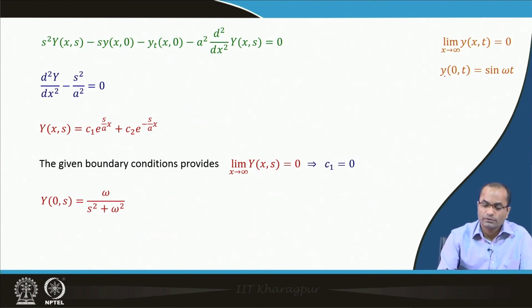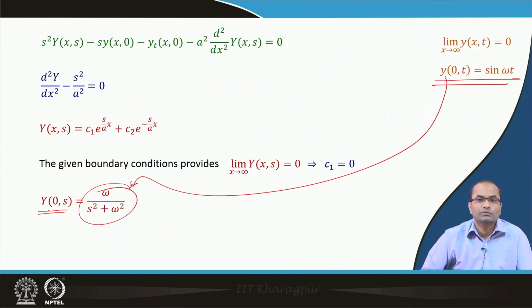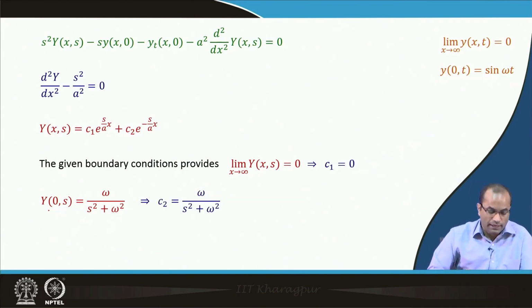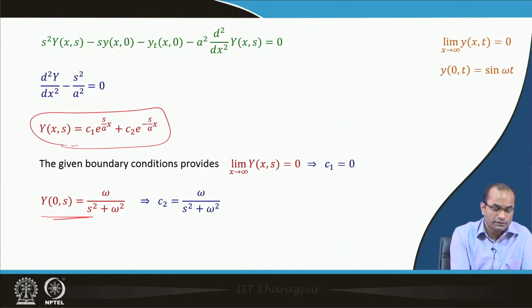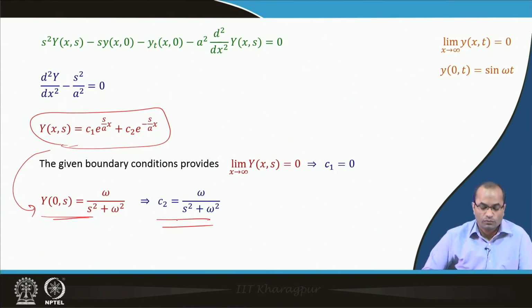The second one comes from the second condition. When taking the Laplace transform, we have y 0 s as omega over s square plus omega square, and from there, considering this equation, we get c 2 as omega over s square plus omega square.